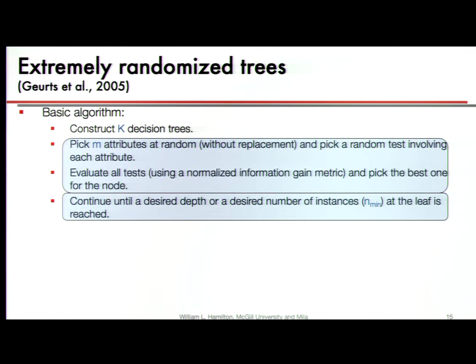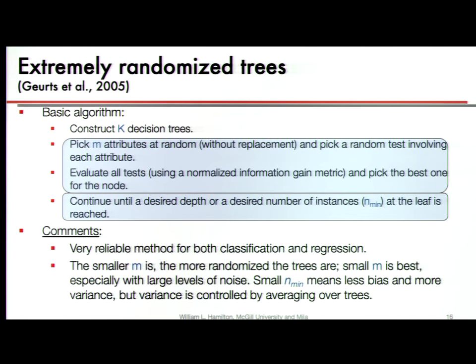So again, when we were learning decision trees originally, we were trying to find the best test. But now we're just randomly sampling a bunch of candidate tests and just saying which of these is the best. So we have this random space that we're searching over. And then at the end, we're going to build our model until we get to a setting where every leaf or every node has n-min nodes.